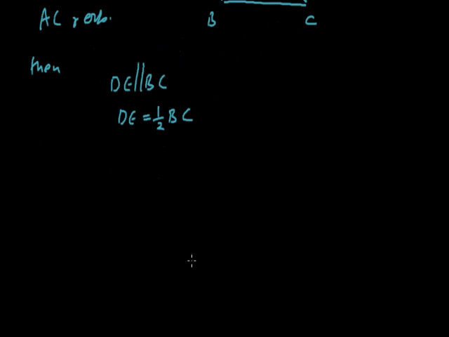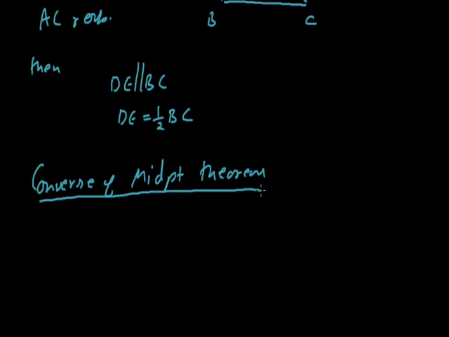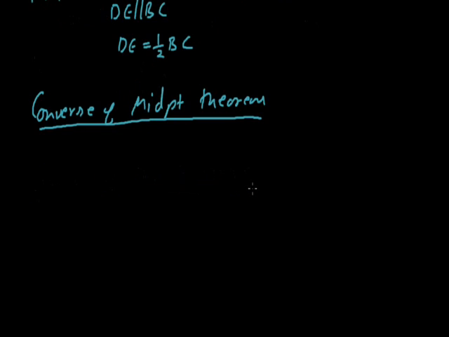And what is the converse of the midpoint theorem? Let's say if there is a triangle ABC, and D is the midpoint of AB, and from this midpoint I draw a line which is parallel to BC.